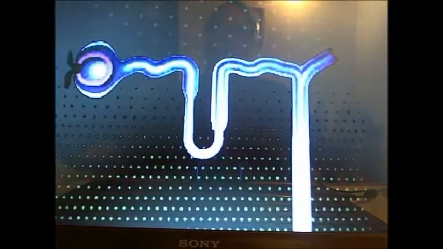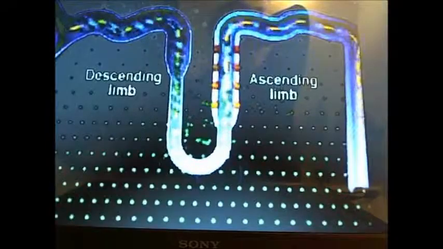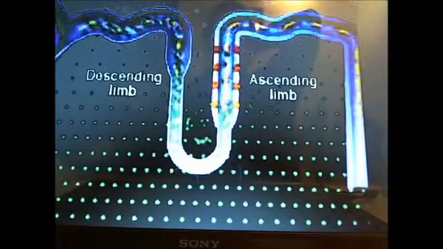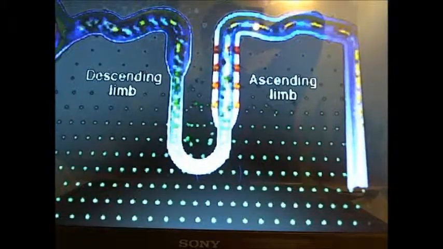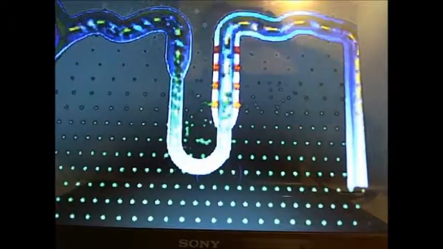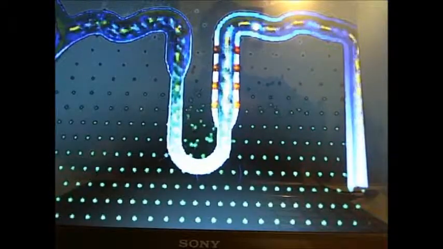The renal tubule continues as the loop of Henle, which has a descending limb passing into the kidney medulla and an ascending limb returning to the kidney cortex. Tubular fluid in the loop undergoes significant changes in osmotic concentration.